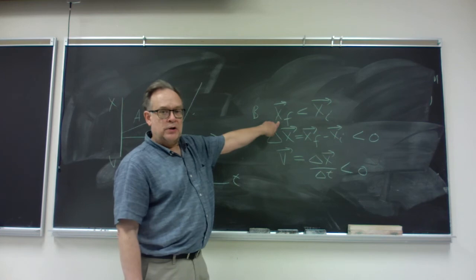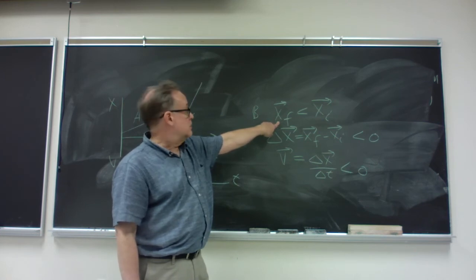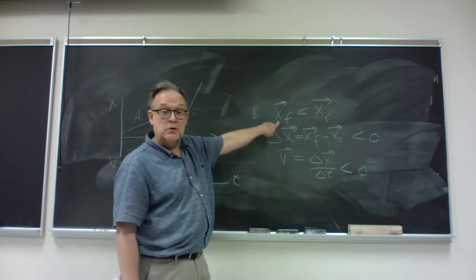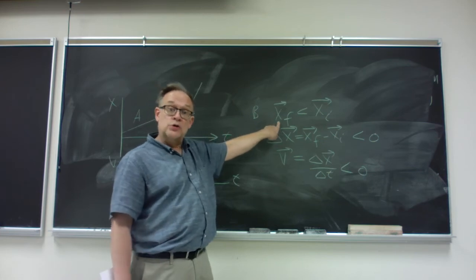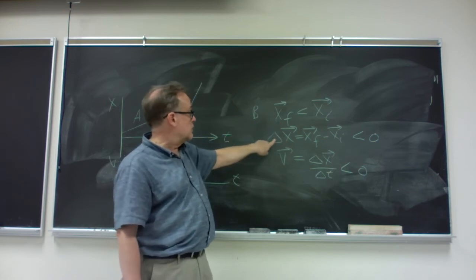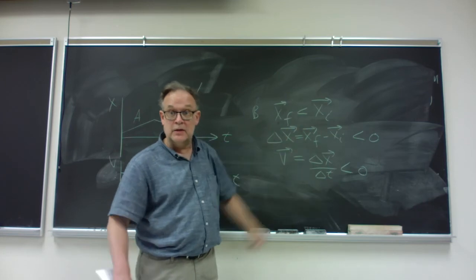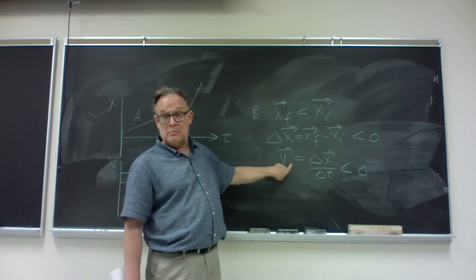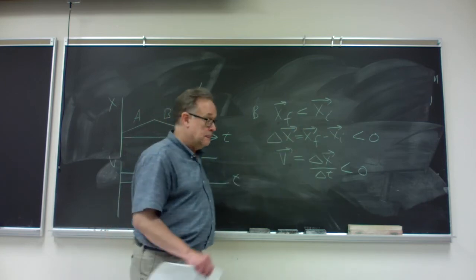If this is happening all the time, you're always moving towards more negative, less positive values of location, or in other words, you're always moving in the negative direction, as indicated by negative displacements, and as indicated by negative velocity.